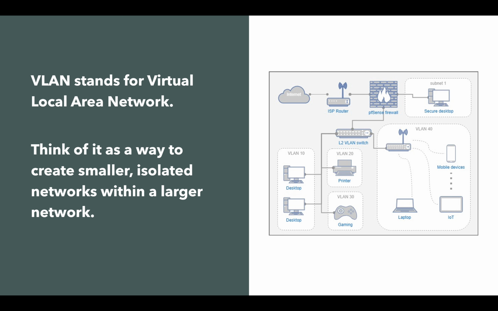Let's imagine a company building that has multiple departments sitting in that building. So let's say we have HR, we have finance, we have IT, and we have a couple more departments sitting in that building. So what a network engineer is going to do is divide those different departments into different VLANs.